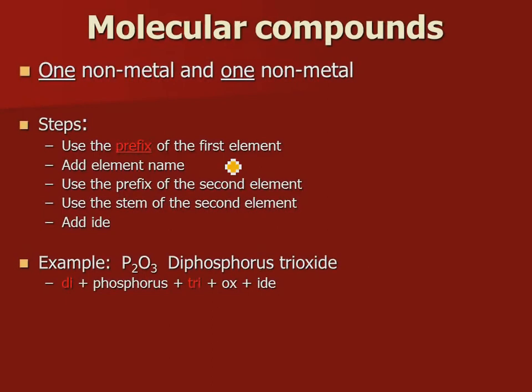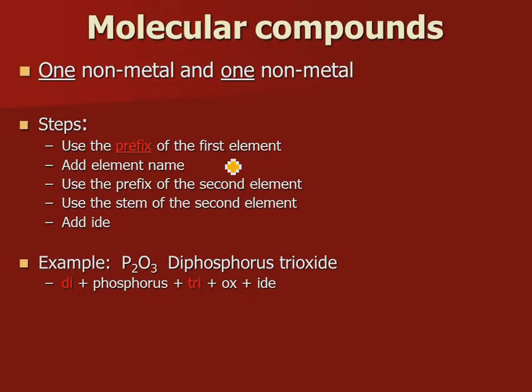When I have two nonmetals going together, I use the prefix of the first element, add the element name, use the prefix of the second element, use the stem of the second element, add IDE. What the heck is he talking about? Let me just give you an example.